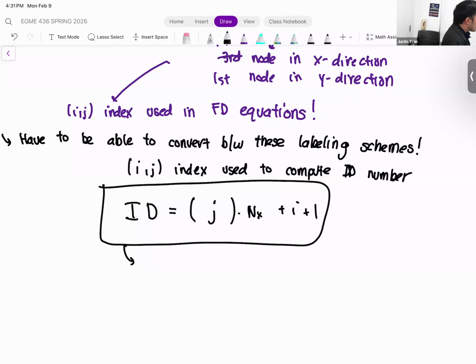Okay, but of course, this does commit us to a particular ID scheme. This equation only works if you're using a left to right ID numbering scheme.